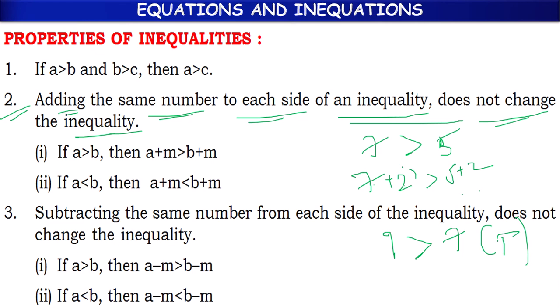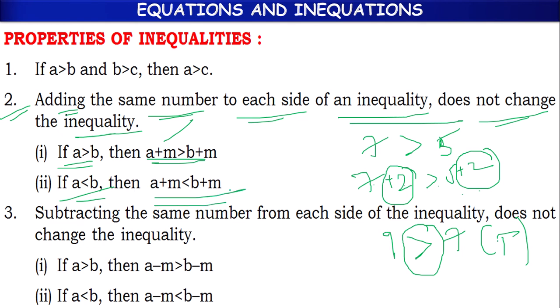This means adding the same number on both sides of an inequality does not change the relation. So if A is greater than B, A plus M is greater than B plus M. Or if A is less than B, we can write A plus M less than B plus M. The relation may be greater than or less than, but the same number can be added on both sides, and still the inequality does not change.